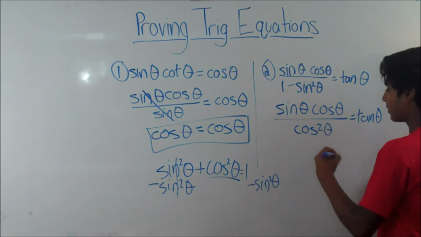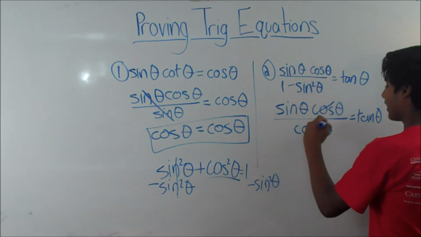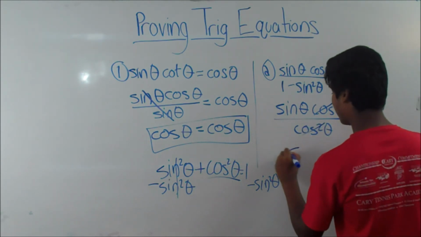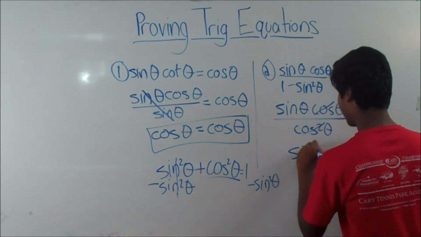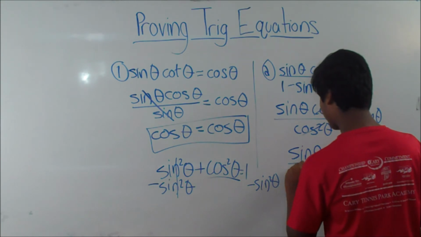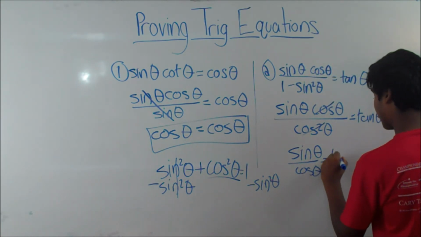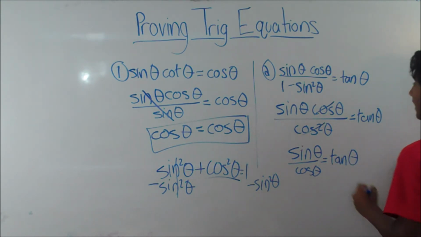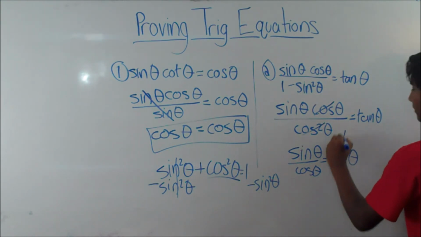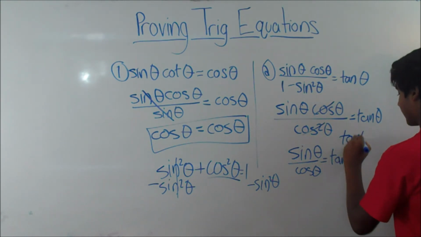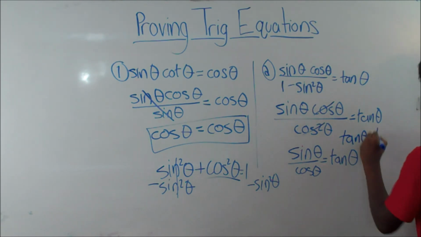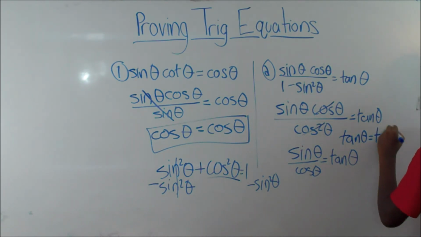Similarly, you could do it here. You could cross out this cosine and this cosine, and then you would have sine theta over cosine theta is equal to tangent theta. And then we get our answer, which I'm going to write here: tangent theta is equal to tangent theta.